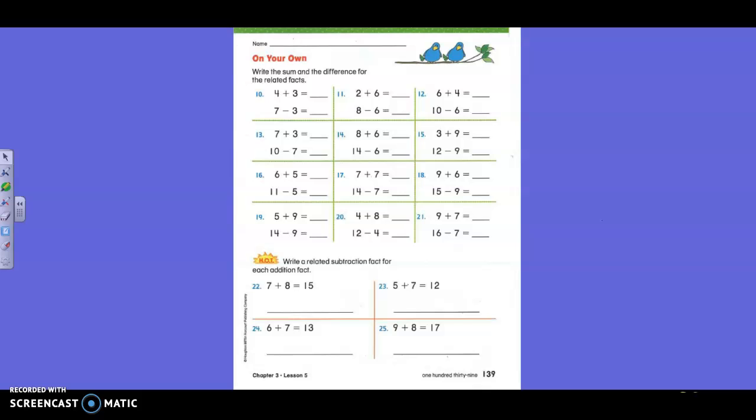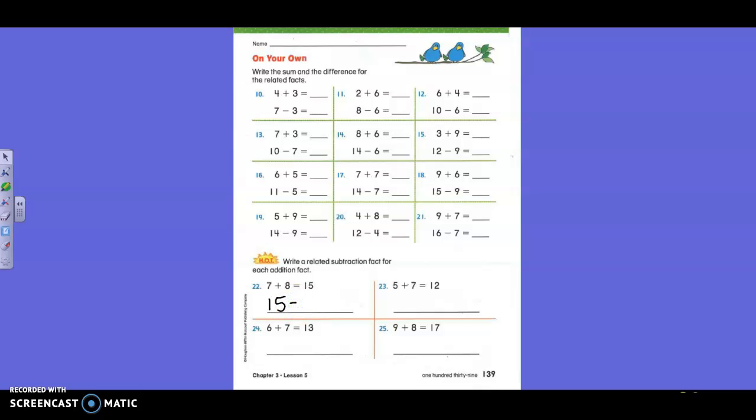Write a related subtraction fact for each addition fact. 7 plus 8 equals 15. How would you write that in a subtraction fact? You first need what number for subtraction? 15, because it's the big number, right? You first have 15. I'm helping you on this, so y'all should be doing it.